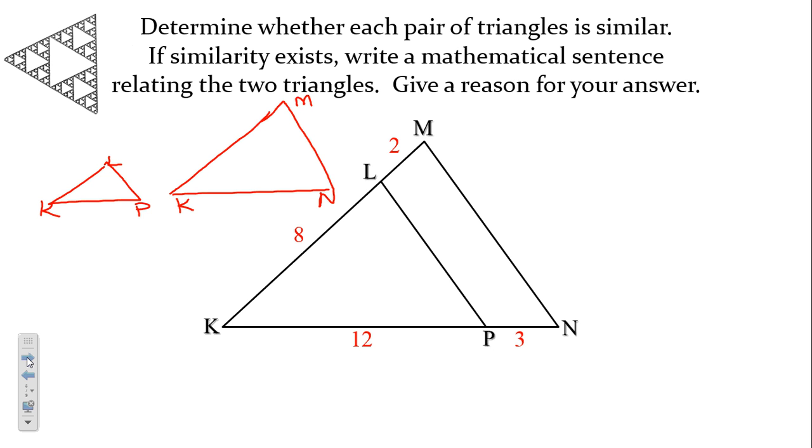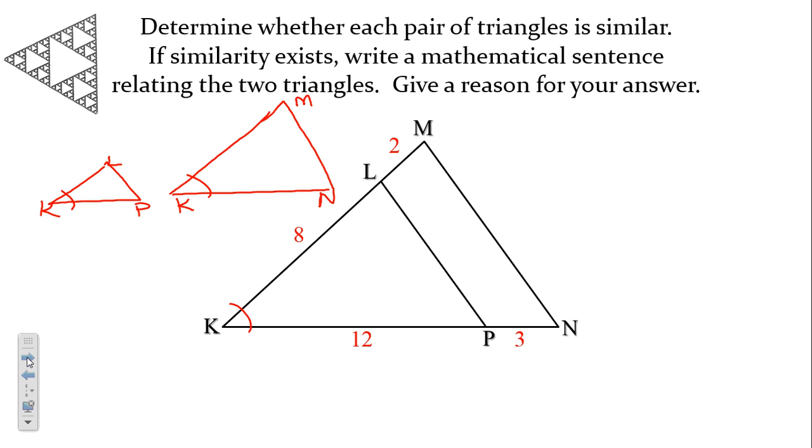LP would have to be proportional to MN if that was going to be the case. Yep. So we only have sides, right? We don't have a third side, do we? But do we have the included angle? Yeah, it's congruent to itself. So K is congruent to itself. Okay? So now all we have to do is make sure those sides are proportional.